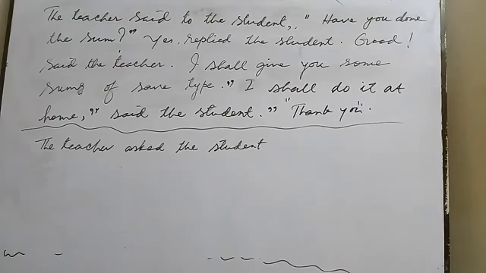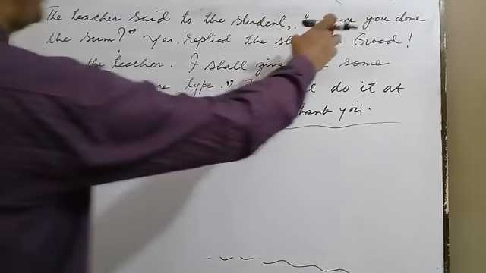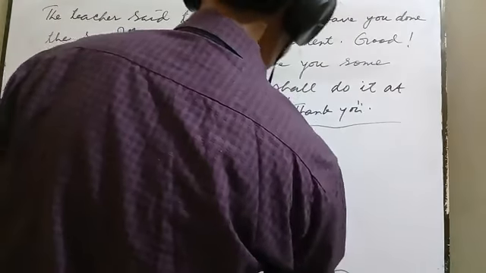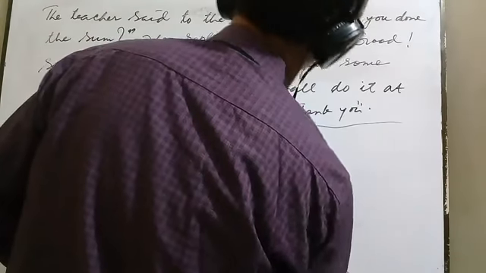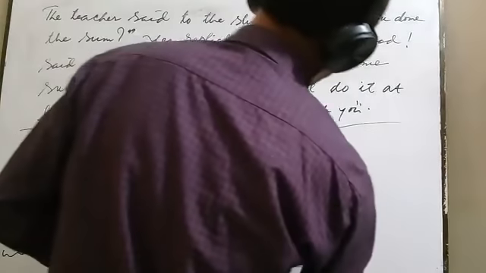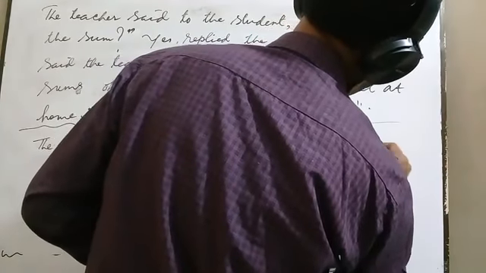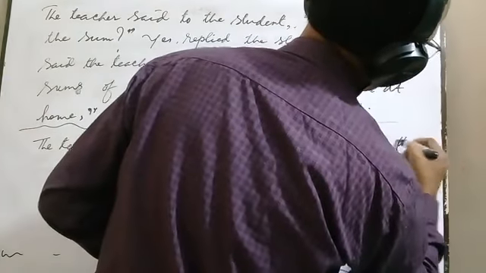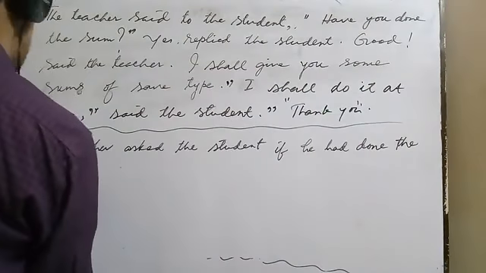In indirect speech, present indefinite will be past indefinite, present continuous will be past continuous, present perfect will be past perfect. Here it is present perfect, so it will be past perfect. The teacher asked the student if he had done the sum. He had done the sum.